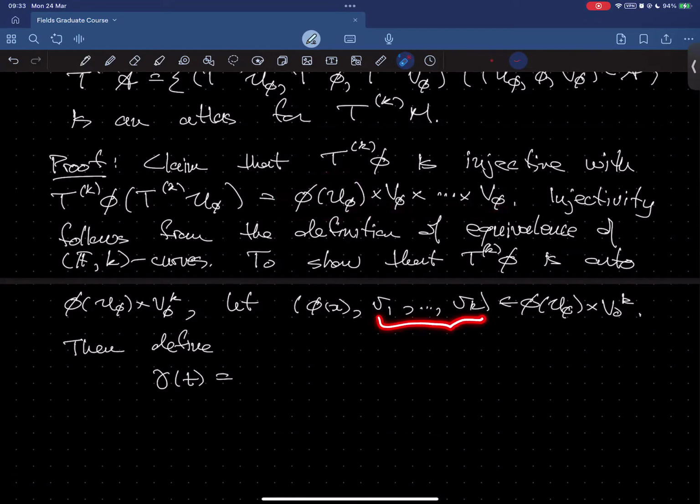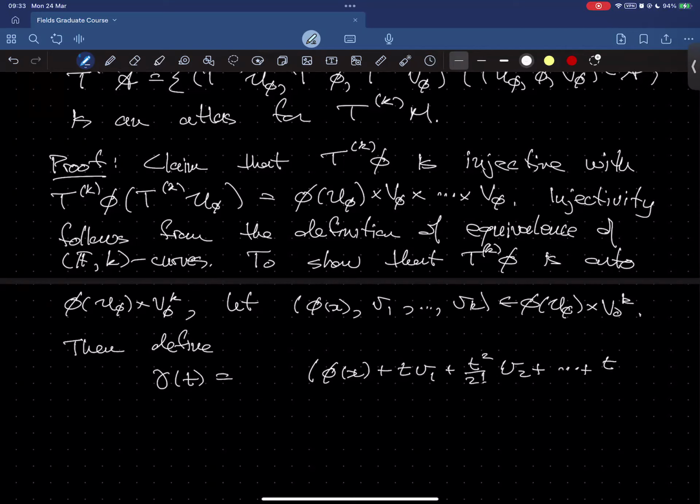That curve is just going to be phi of x, because it has to start at phi of x at time t equals 0, and then you go plus t v1 plus t squared over 2 factorial v2, up to plus t to the k over k factorial vk.